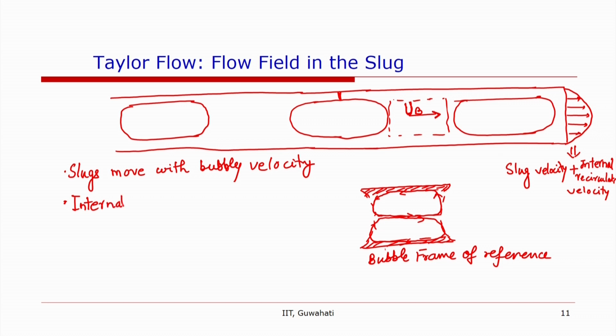Internal recirculations can be observed in the bubble frame of reference, and the slug velocity is the sum of two, the internal recirculations as well as the slug velocity.